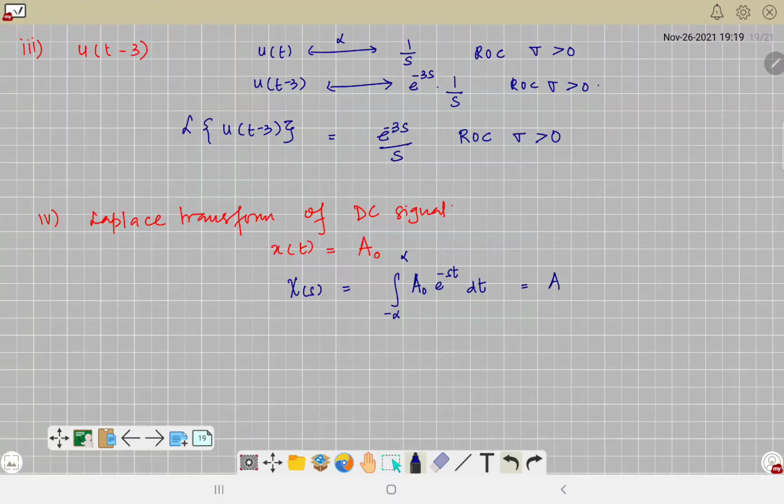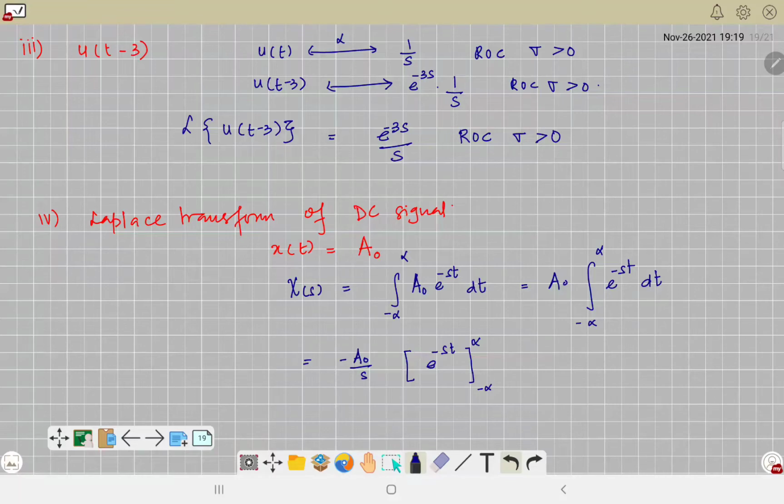A naught is constant, so we can take it outside. So internally we will have this thing, and it will be minus a naught by s e raised power minus st between the limits minus infinity and plus infinity.